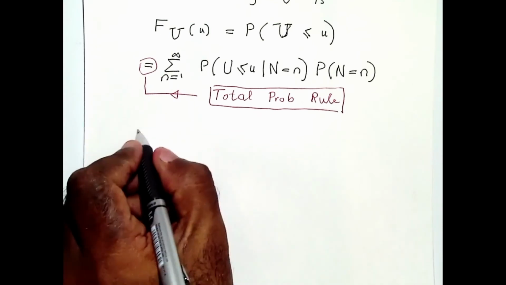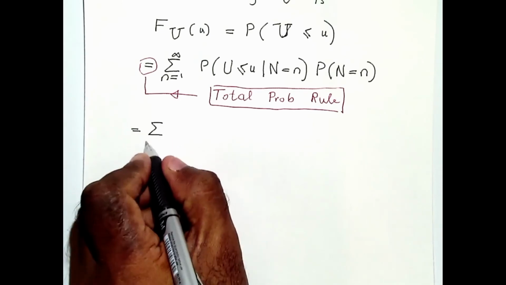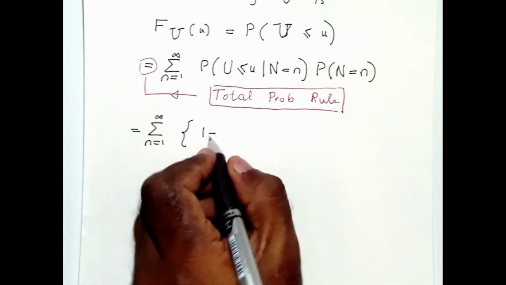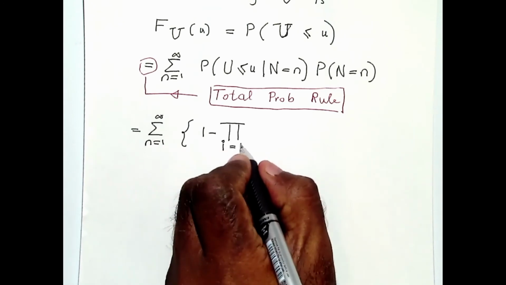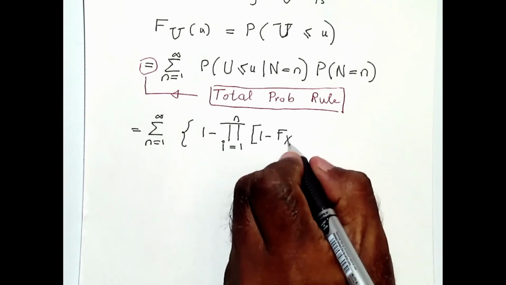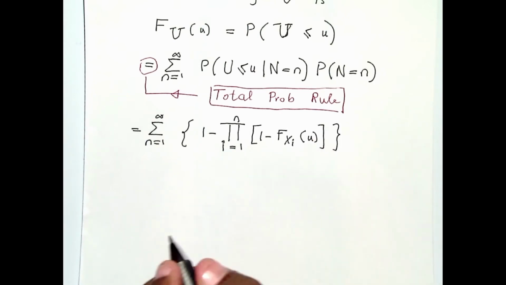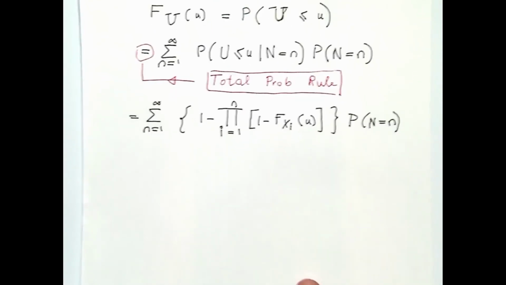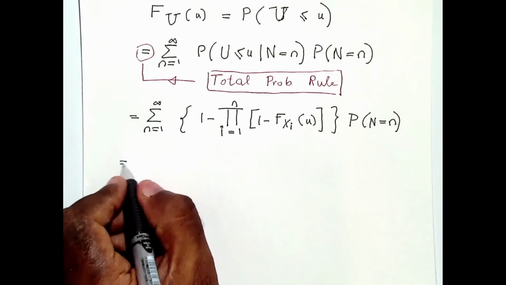Now in the next line I'm going to replace the conditional probability by the result that we got under case 3, which is the following, multiplied by the probability that capital N equal to little n. Now here you have two terms, one minus something, so you can separate it into two sums.